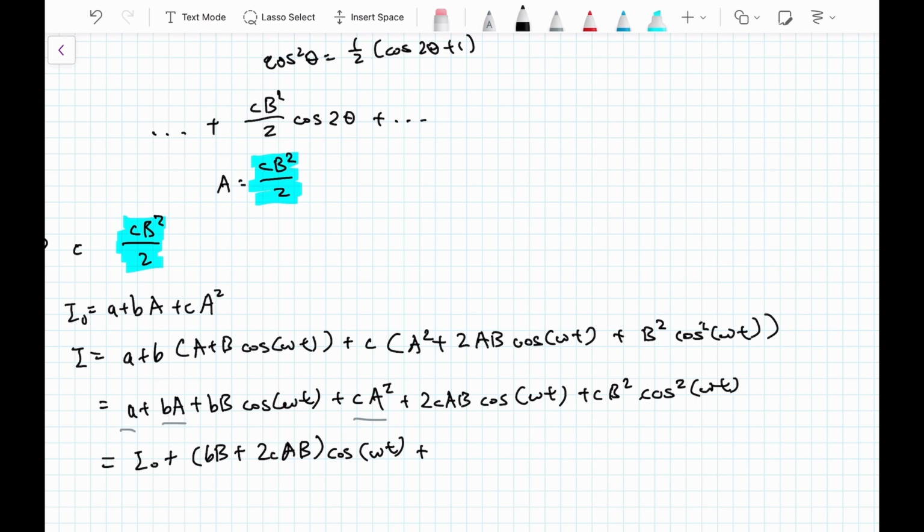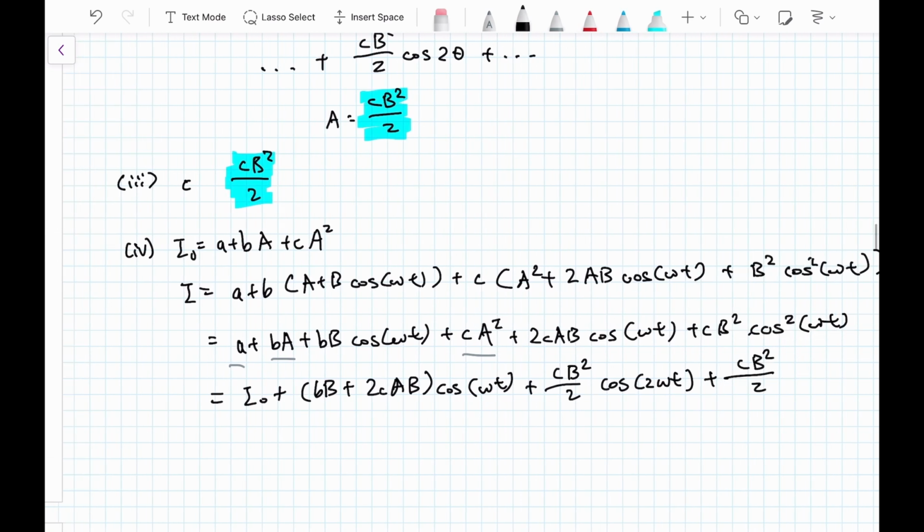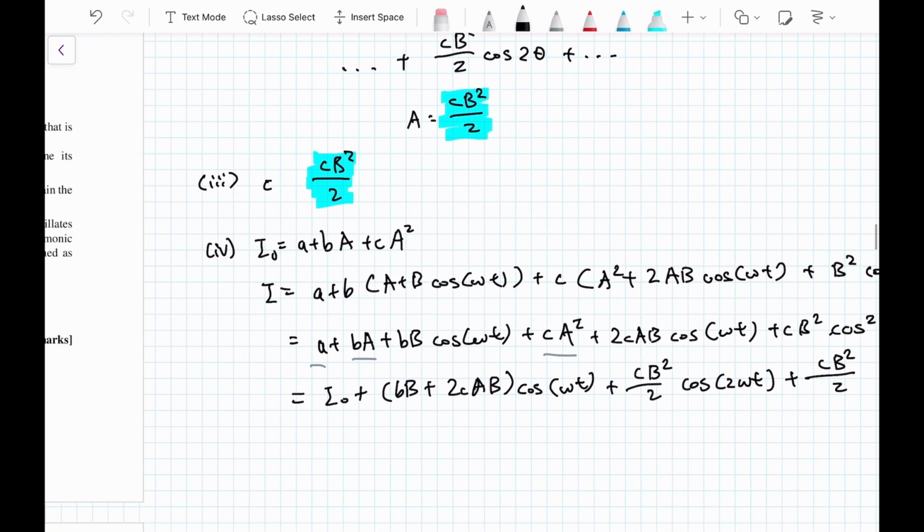So I suppose that's just cb squared over 2 cosine 2 omega t plus cb squared over 2. Yeah, that will be the new expression.